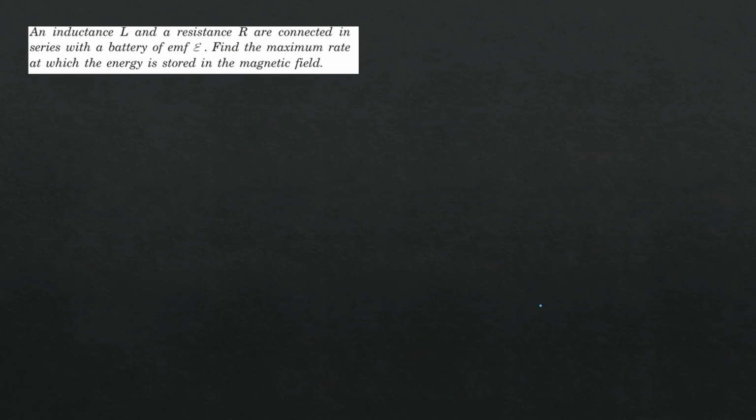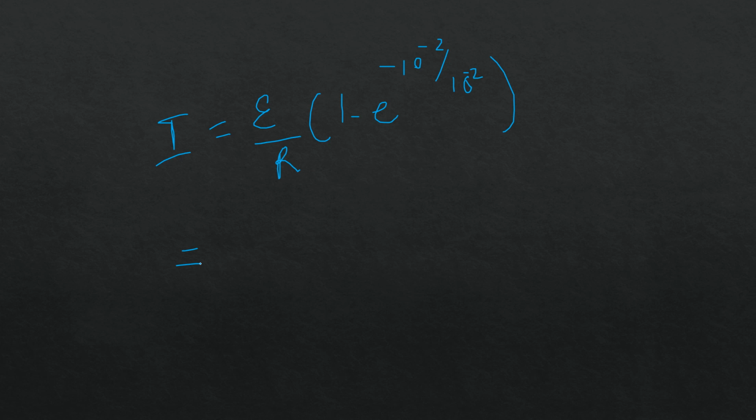So if you put it here, I is equal to E by R times 1 minus e to the power minus 10 to the power minus 2 divided by 10 to the minus 2. This becomes 1, isn't it? They cancel each other out. So it becomes E by R.